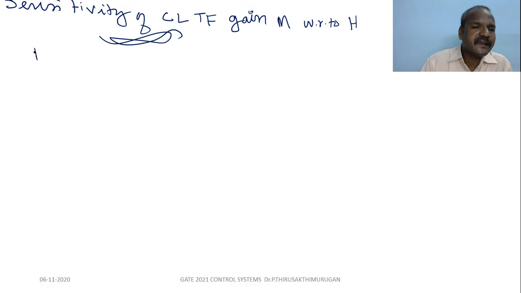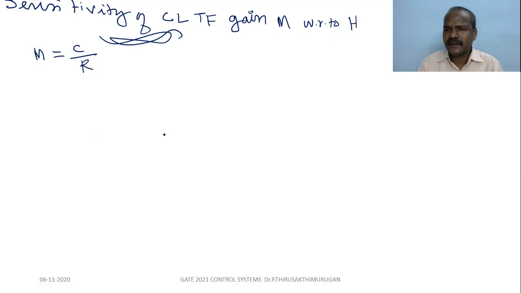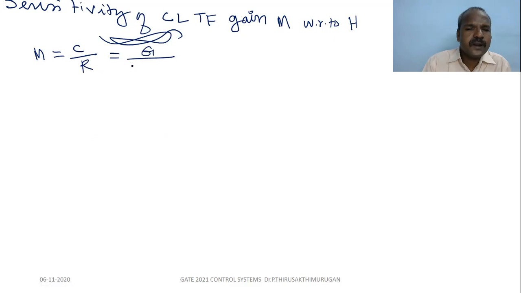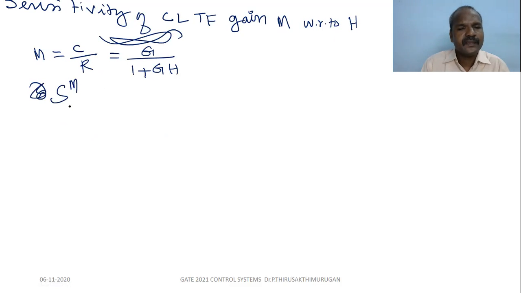M is the closed loop transfer function gain, which is nothing but G by 1 plus GH. So what is the sensitivity of M with respect to H?